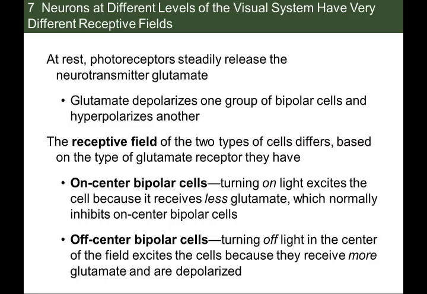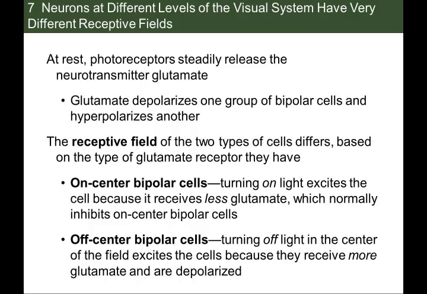Now remember that the photoreceptor, in the absence of light, in darkness when there's no stimulation, is continuously releasing glutamate. That is its natural state. As a result of exposure to light, you get a reduction in the glutamate released. You get hyperpolarization, which is kind of like the opposite of what we talked about in chapter 4.